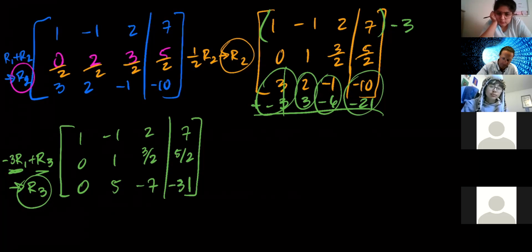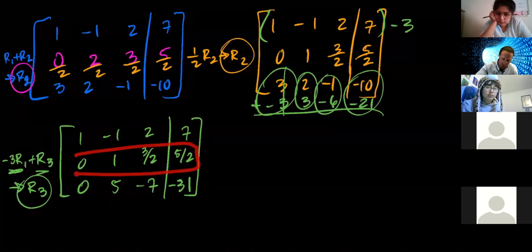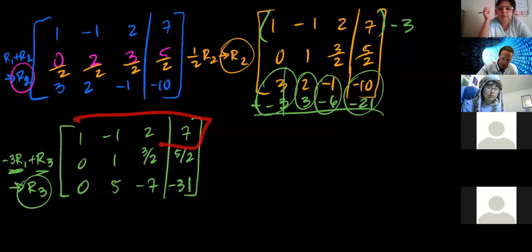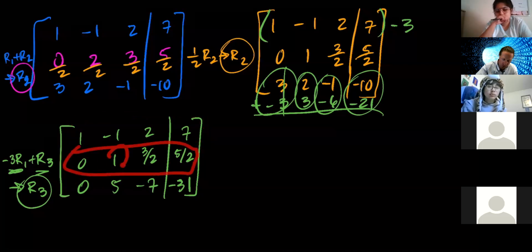Now, my next step, I will take and I will rewrite it once again. In order to get this to be a 0, I'm going to have to use row 2. Because if I go back up here and I multiply it and add it to this, I'll get rid of my 0 that I originally had. Okay, so I'm now going to have to use row 2 and do what to get rid of that?